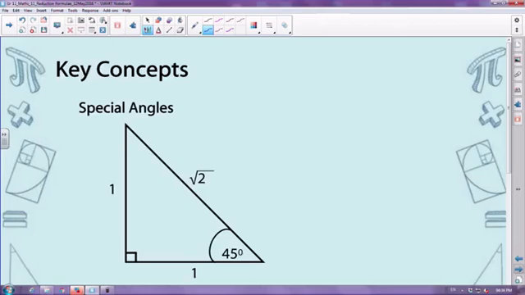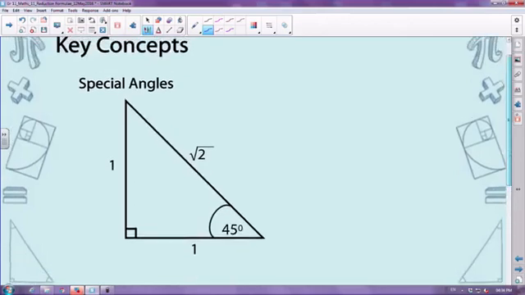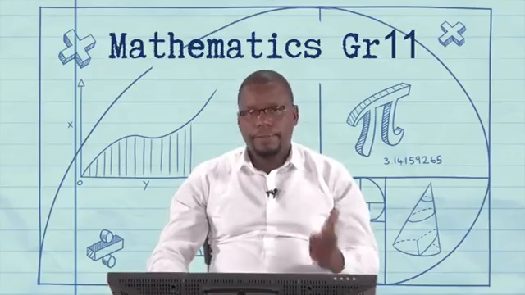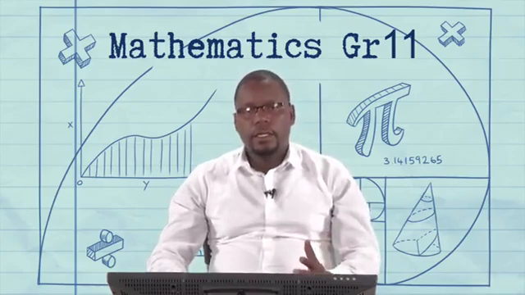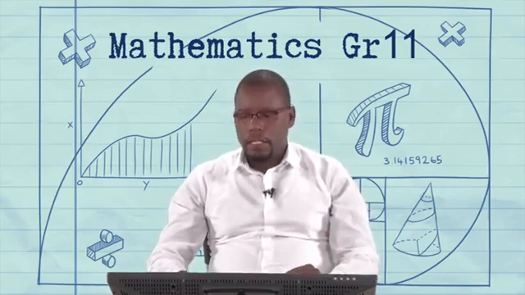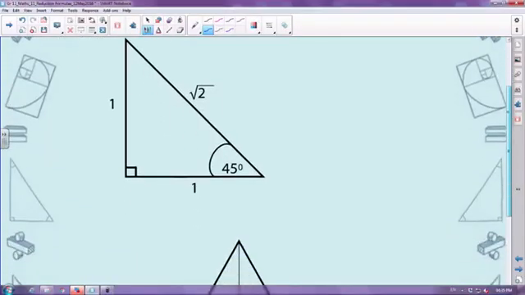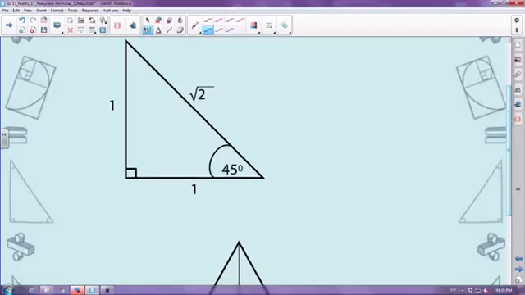Right. Now, some of the things that we're going to be talking about are your special angles. The special angles that we'll be talking about are your 30, your 45, and your 60. Back in the day, we used to have a triangle like this, whereby you've got a 1, a 1, and the square root of 2, working it from your Pythagoras.